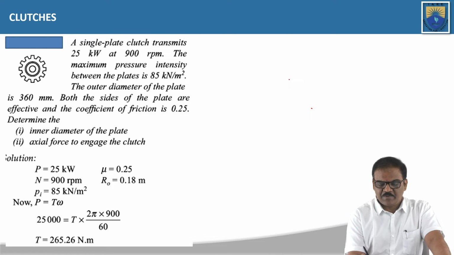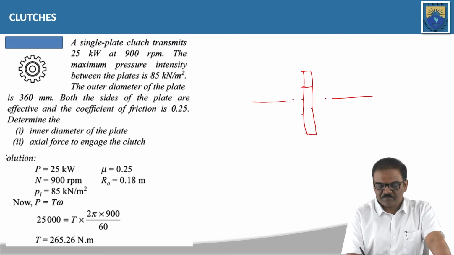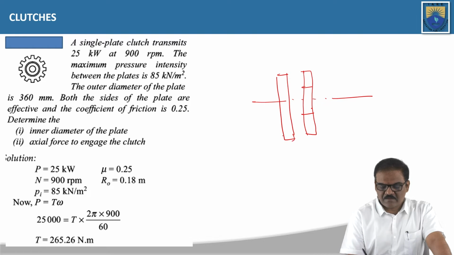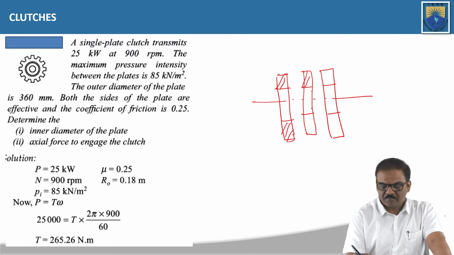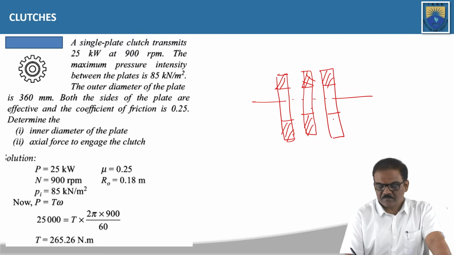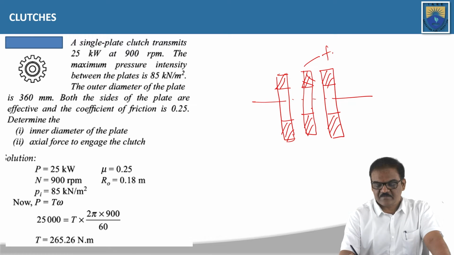Similar to the previous problem, this is the friction lining and these are the friction plates. This is non-ferrous material, that's the reason for the friction plate.